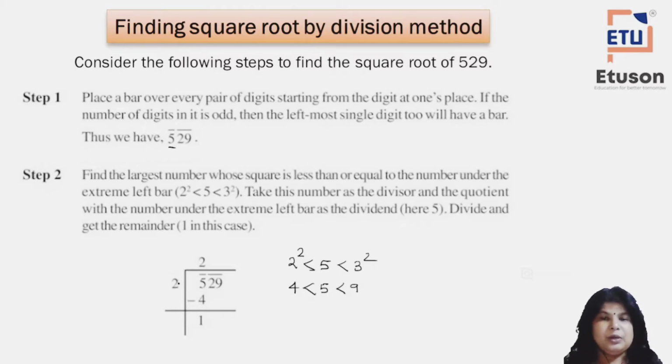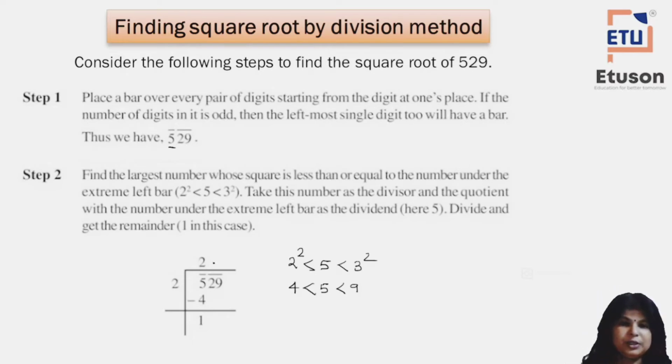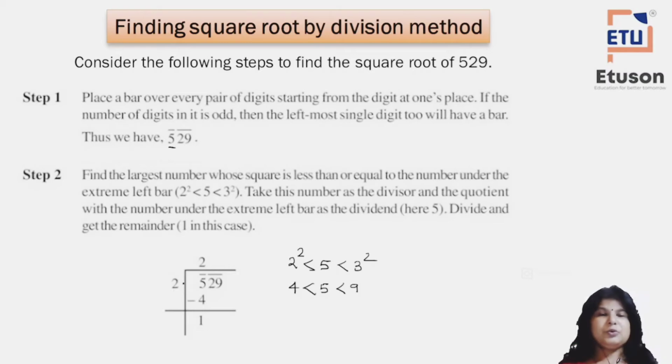Okay. So now 2 is your divisor and also 2 is your quotient. 2 into 2 you have multiplied and the result you have put as 4. Then from the dividend you have subtracted as usual what you do in your division, and your remainder is 1. So this is your step 2.